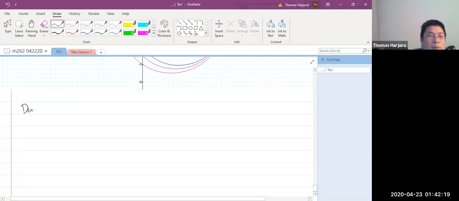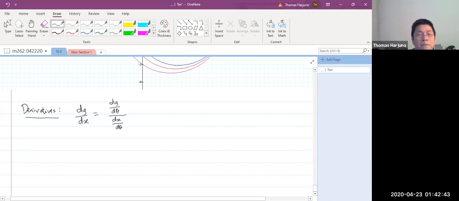Derivative. dy/dx, which gives us the slope of the tangent line, is done by using the chain rule: dy/d theta over dx/d theta.